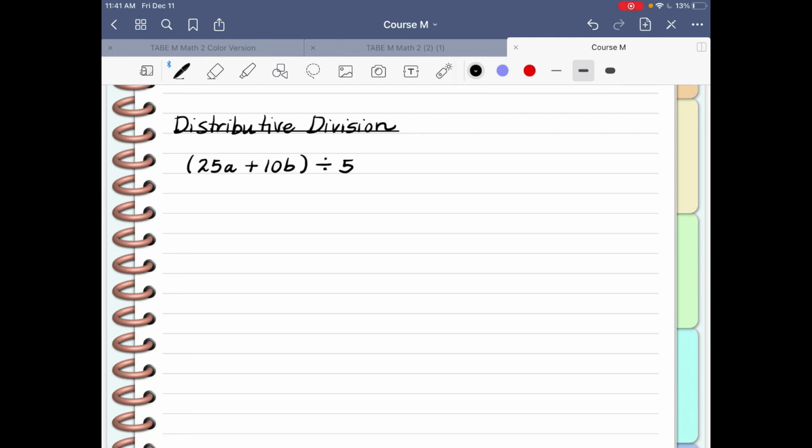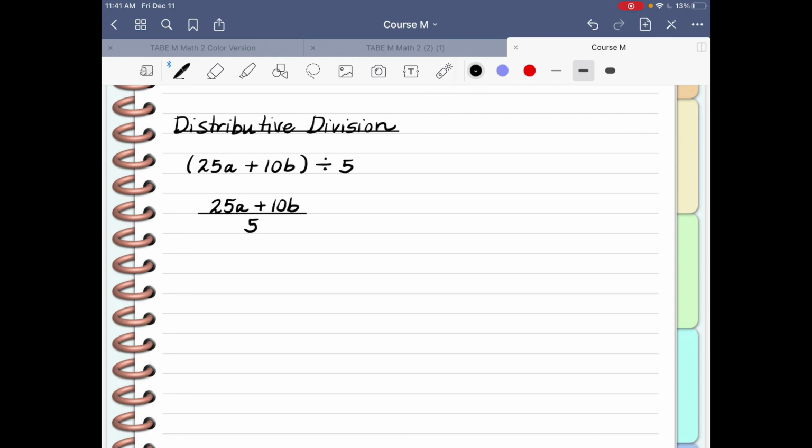And you may be thinking that looks nothing like what we just did. But it really does. Because if you write this using algebra, you have 25A plus 10B, and that division sign becomes that fraction bar with 5 on the bottom.